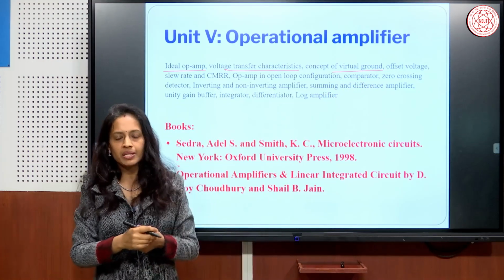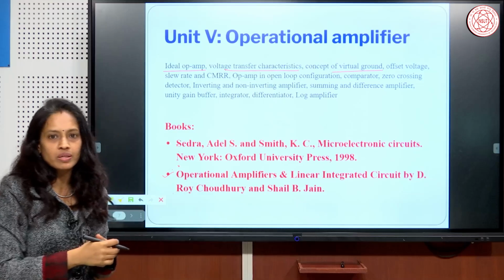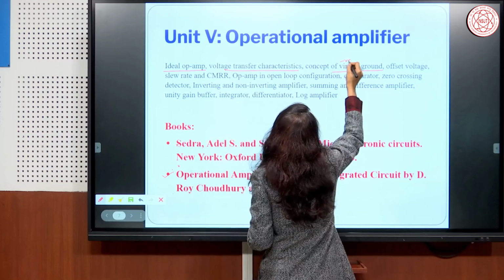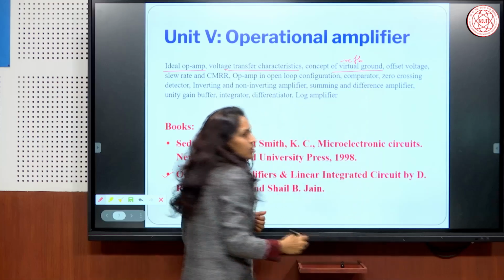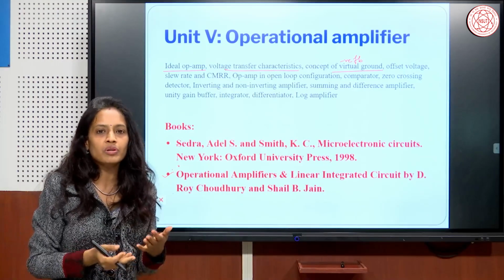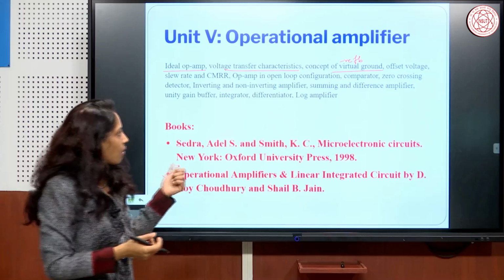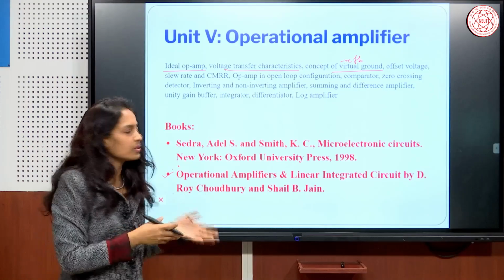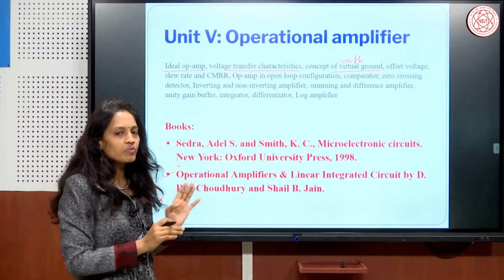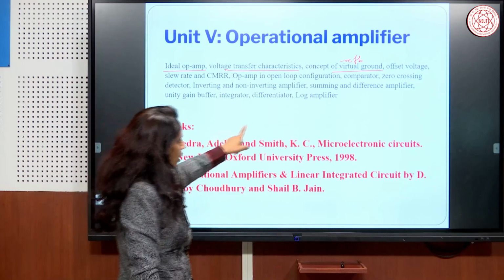Please be careful when you are studying this virtual ground concept. It is applicable only when negative feedback is used. Most students use the virtual ground concept irrespective of how the operational amplifier is connected in the circuit, whether negative feedback is there or not. Without caring about that, they just go for virtual ground. So anyway, you have to be careful.